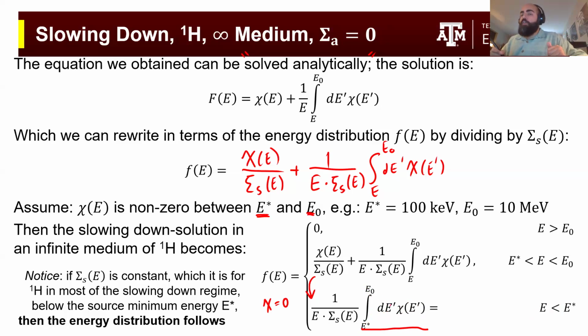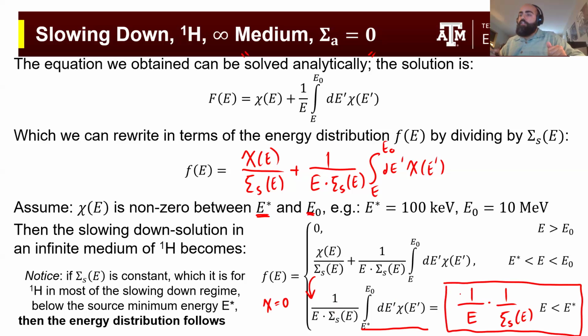So this whole integral is 1, and what we're left with is just this multiplier on the side: a 1 over E times a 1 over sigma s of E. Notice that in the slowing down range, our energy distribution looks like 1 over E with a multiplier of 1 over sigma s.